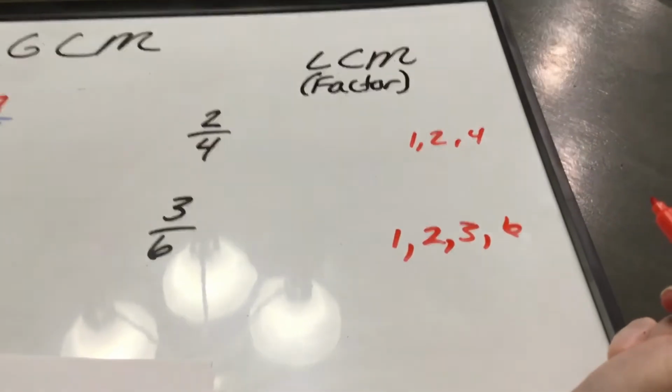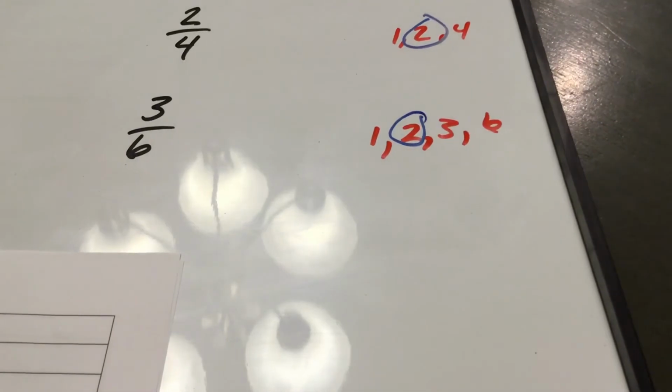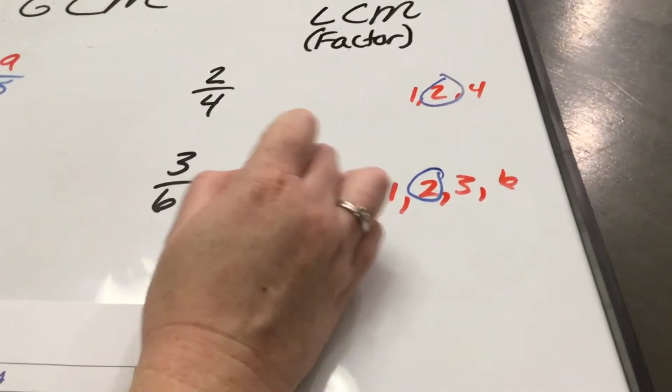Now we look for the smallest number that is shared between those two. 2 is our smallest, so that is what we're going to use.